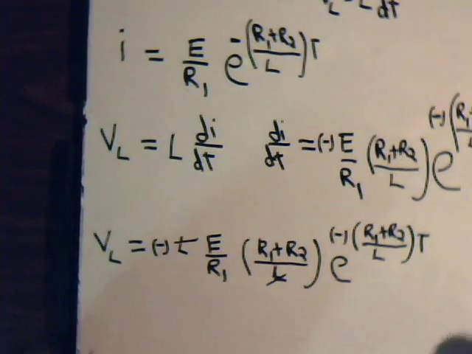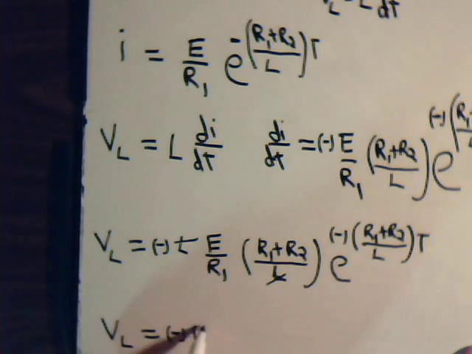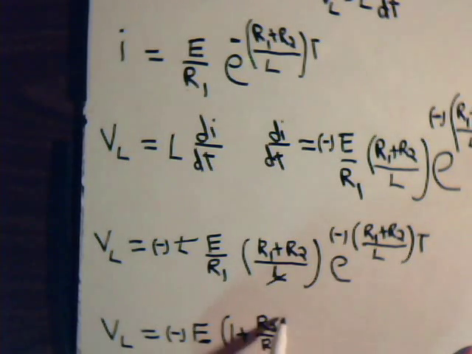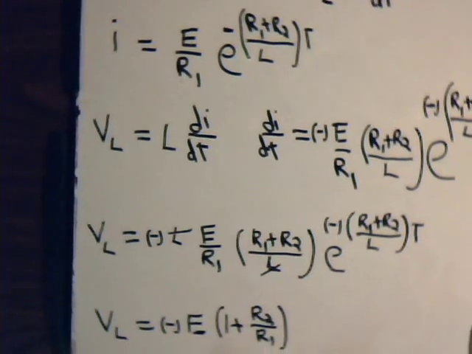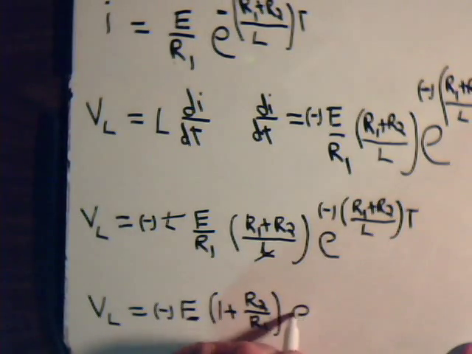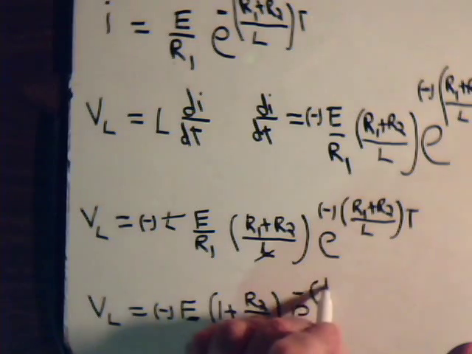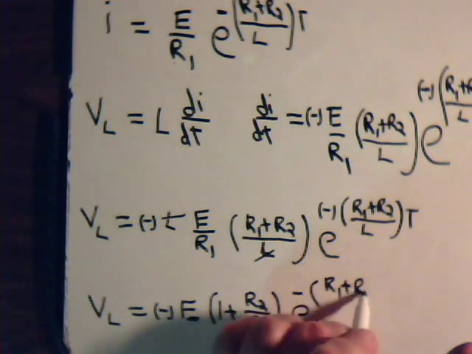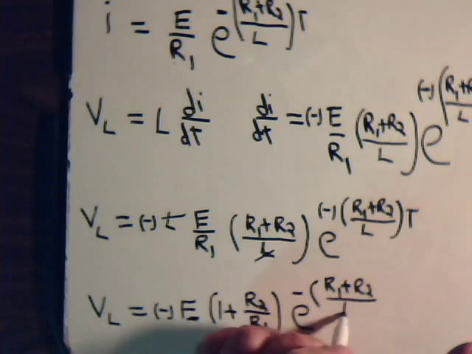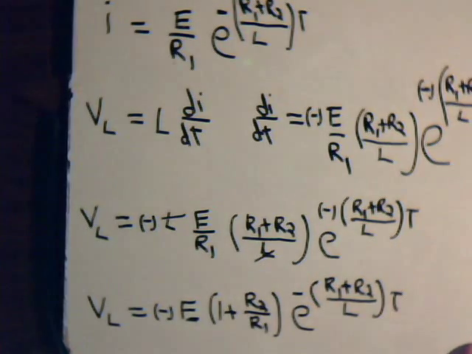So we have V_L equals minus E, and we take the R1 into here, and we will have (1 plus R2 divided by R1) times e to the minus (R1 plus R2) divided by L times t.